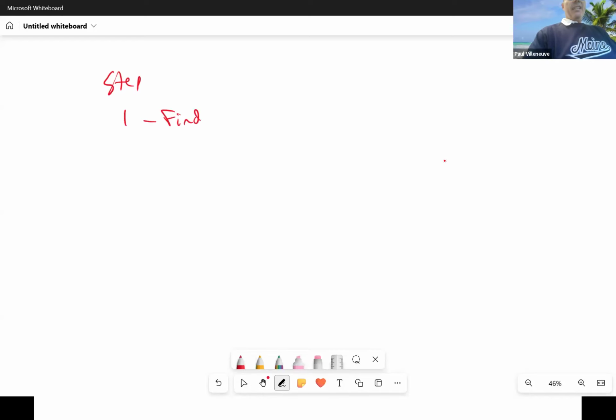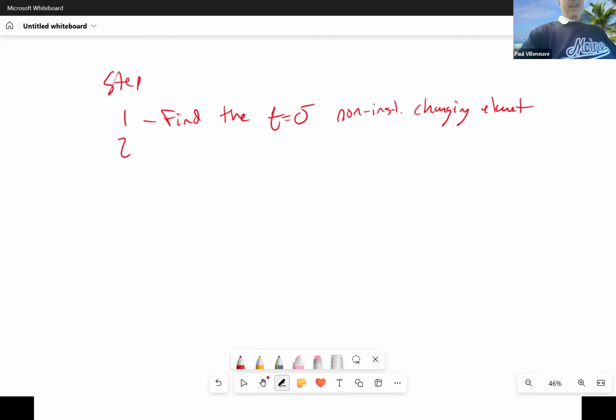So find the T equals 0 minus for any non-instantaneous changing element. Then step 2, and we'll put this as optional, right?